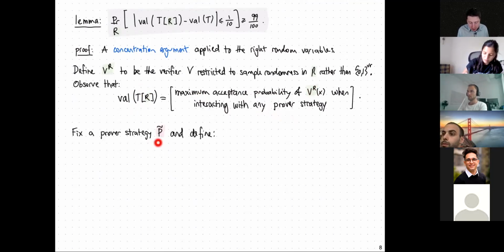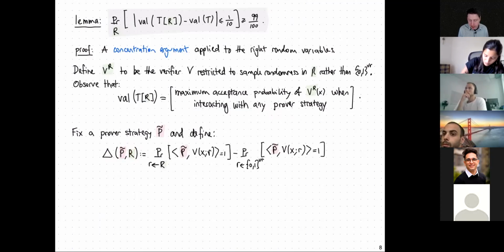Now, for any prover strategy, P tilde, we can define certain quantities. Let's define delta of P tilde for the particular choice of randomness set R to be the difference in acceptance probabilities between the residual verifier and the full verifier.